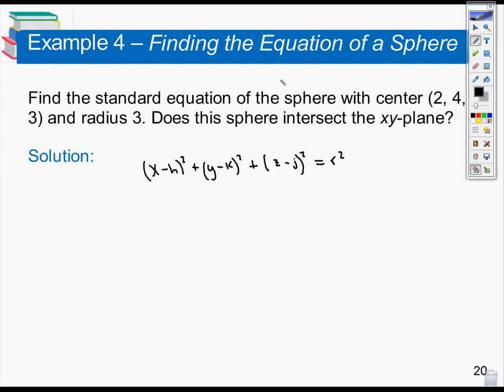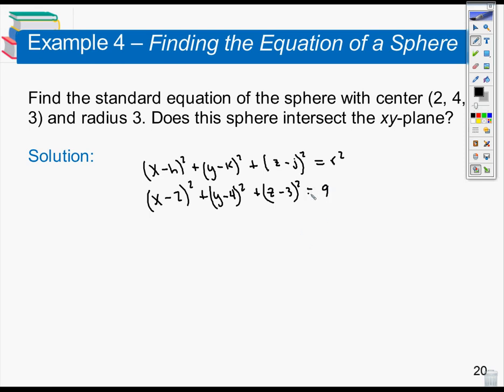Now this has all been given to me, so I can easily just plug in numbers. x minus 2 squared plus y minus 4 squared plus z minus 3 squared equals 9.